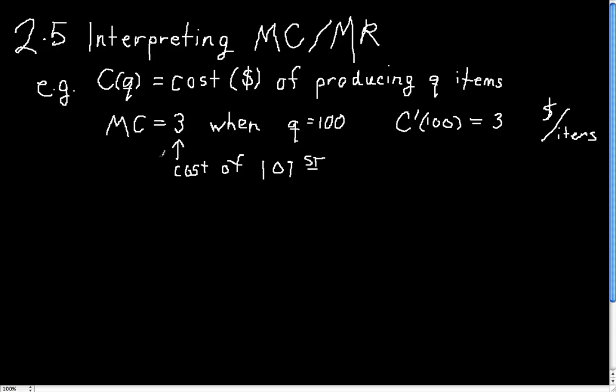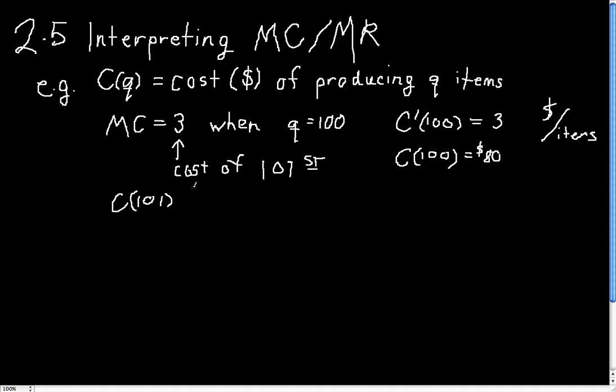Okay, and another way in which this is useful is, suppose we don't know what the cost of producing 101 items is, but we know what C of 100 is, for example. Suppose that the cost of producing 100 items is, say, $80. So what then does this tell us? If we want to know the total cost of producing, say, 101 items, we can approximate this.